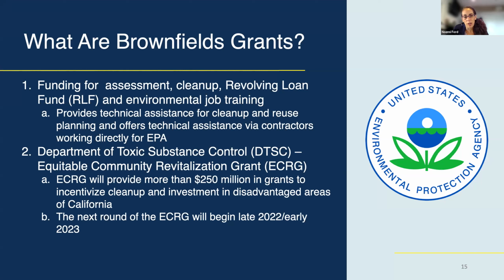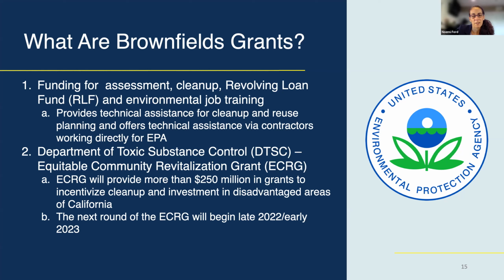The other, which you've heard a little bit about from Miriam and DTSC, is they also have Brownfields grants through their Equitable Community Revitalization program, and they'll talk a little bit more about that. It's about $250 million in grants, very similar to EPA's funding around assessments and cleanups.